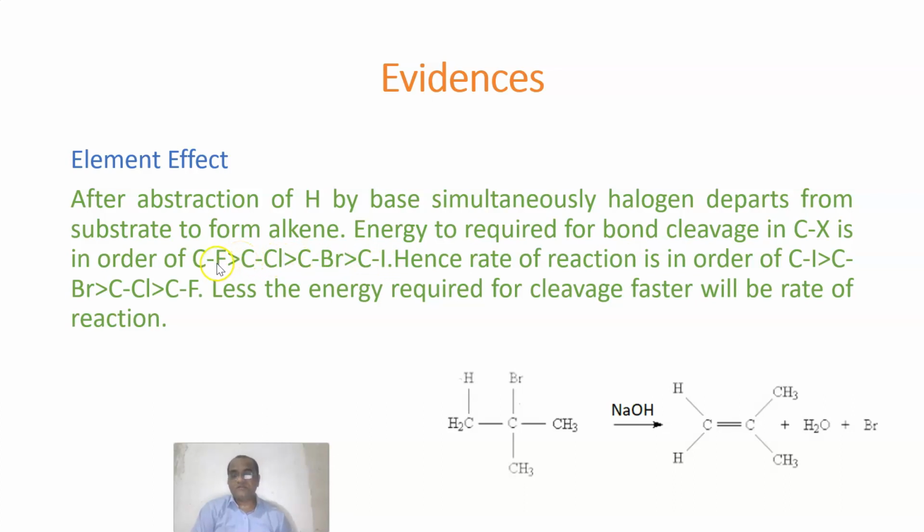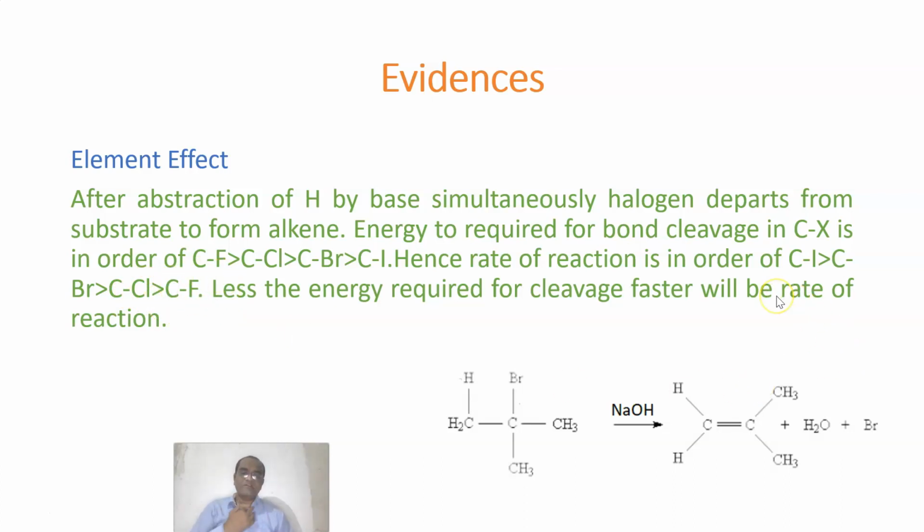In order of reaction, the carbon-iodine bond breaks most easily, after that the carbon-bromine bond, but the easiest is iodine. Less energy is required for iodine. For bromine, it requires a little higher amount of energy. Chlorine requires more energy, and fluorine again requires more energy.